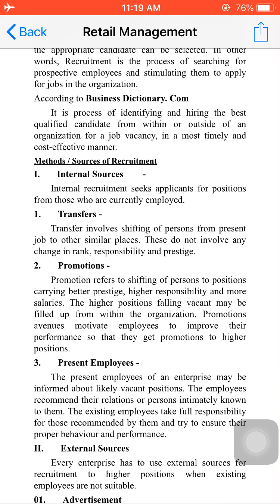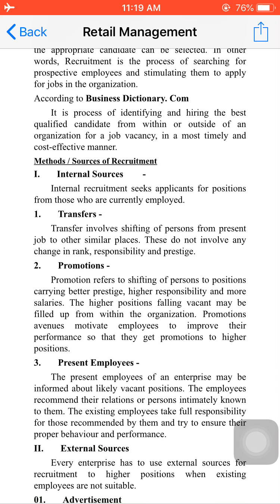You can go with SMS. These are the various techniques you have, and whatever you use, they can reach the mass of people. These are the various terms used for cost effectiveness in recruiting a person.